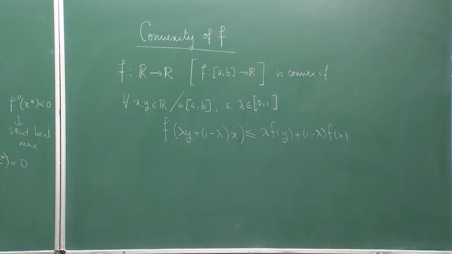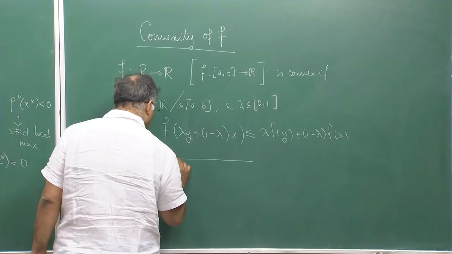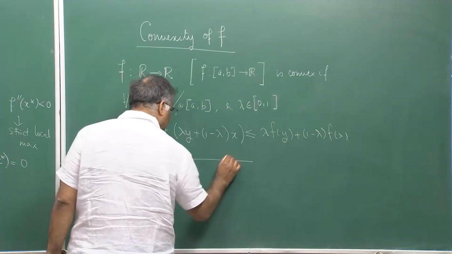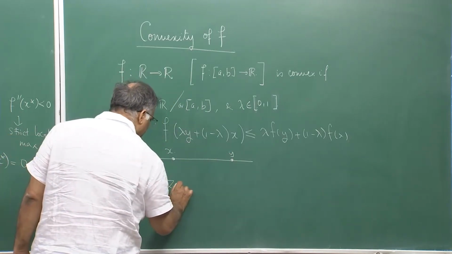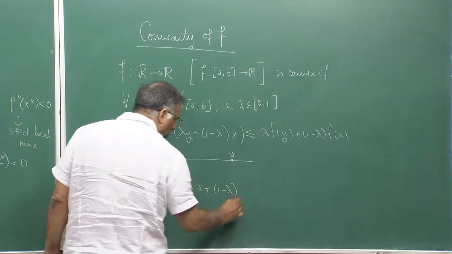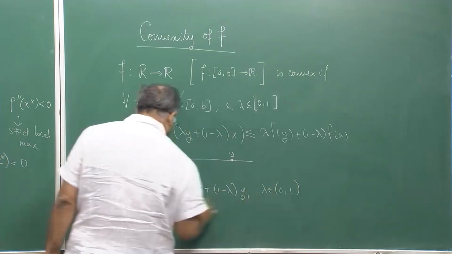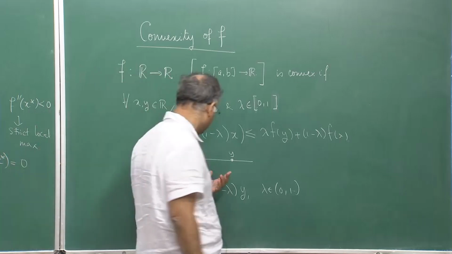So, if you take two real numbers, you must have studied it in coordinate geometry. If I take two real numbers x and y, and I make this combination z lambda equal to lambda x plus 1 minus lambda y, where lambda is some number between 0 and 1, then what sort of points does z lambda satisfy? Where does z lambda lie?